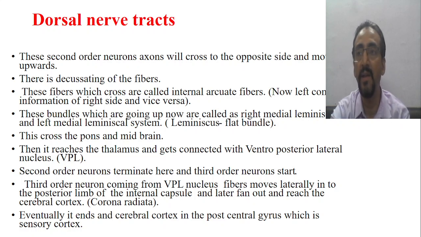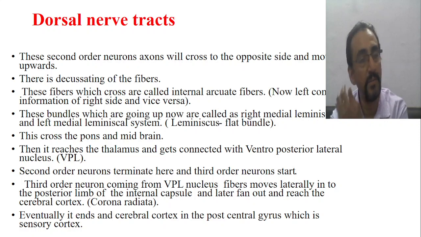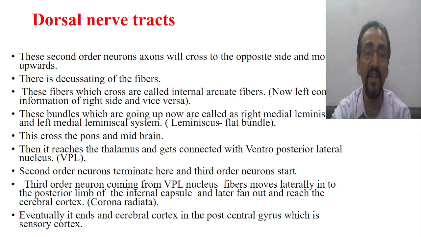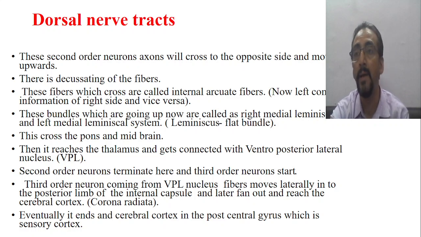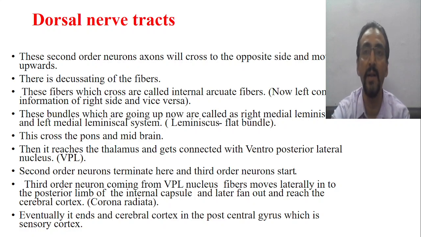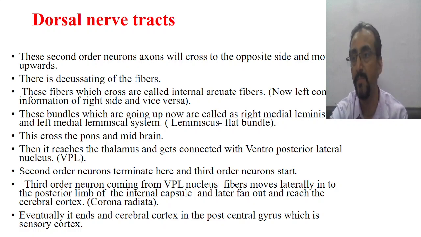The medial bundle takes all the sensory information from the body above T6. The lateral bundle carries the information from below T6, from the lower limbs. So below T6 there is only the lateral bundle, and above T6 you have both the lateral and medial bundles.